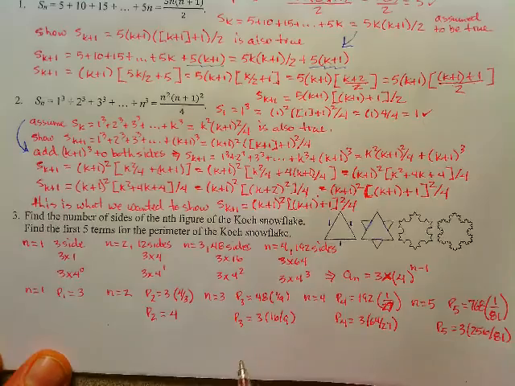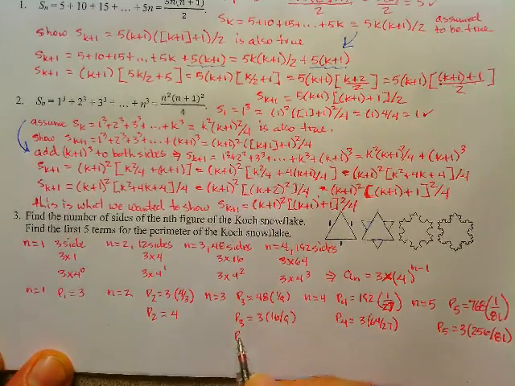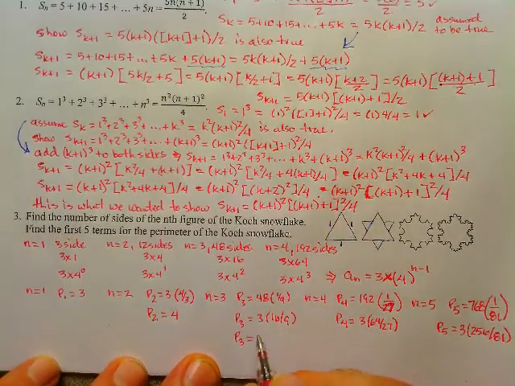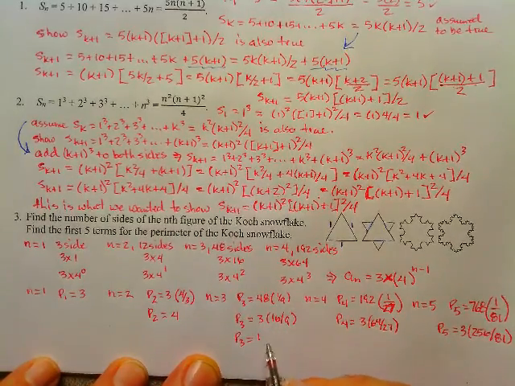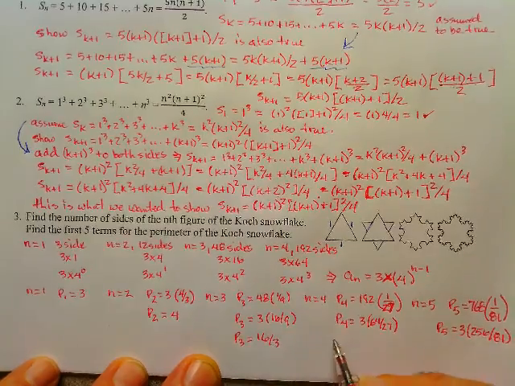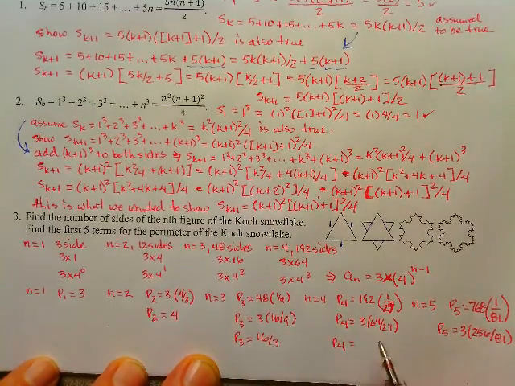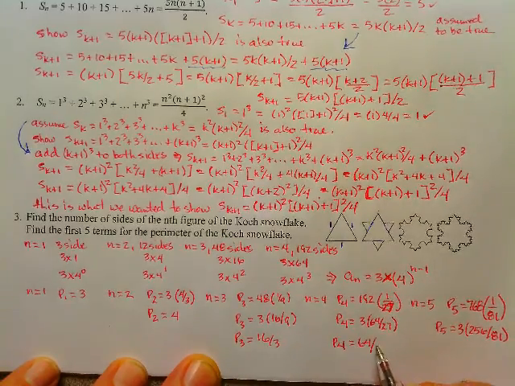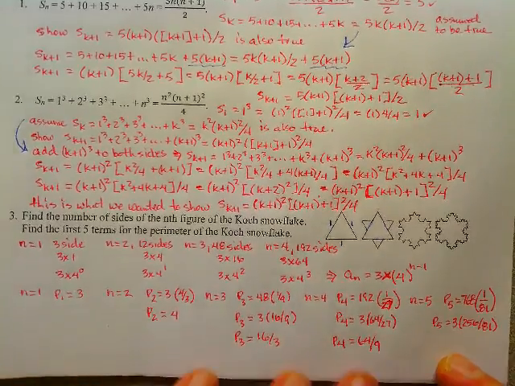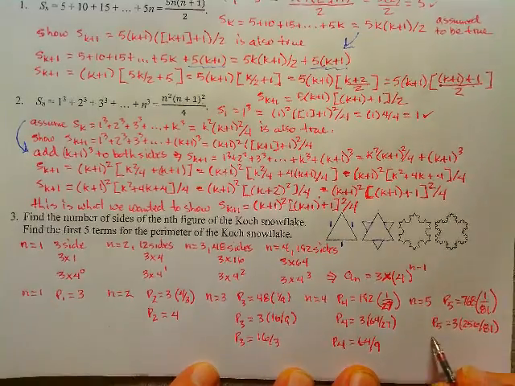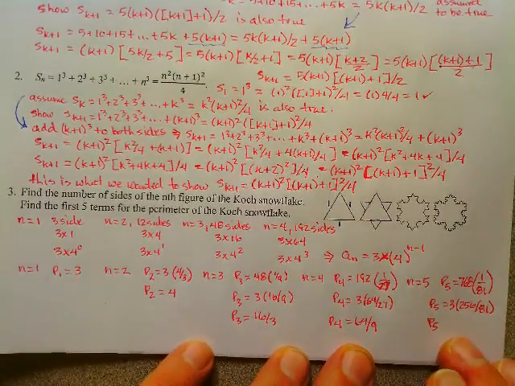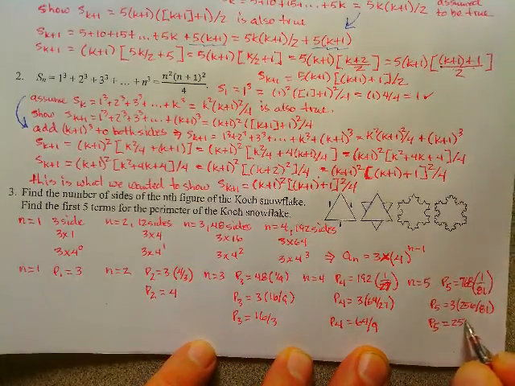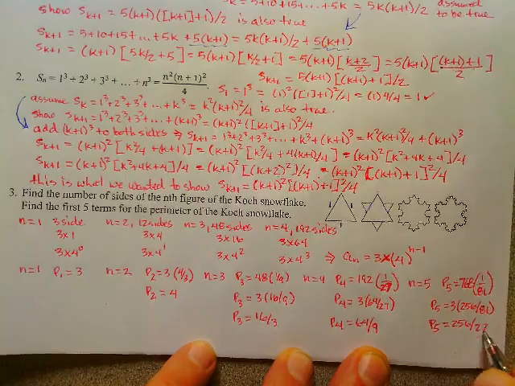Now if I wanted to simplify this a little bit more, P3 of course, I can cancel out the 3 and the 9, and so that's 16 over 3. P4, again, cancel out the 3 and the 27, so that's 64 over 9. And then here the P5, that's going to be 256 over 27.